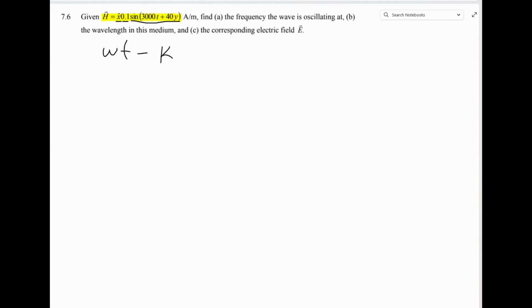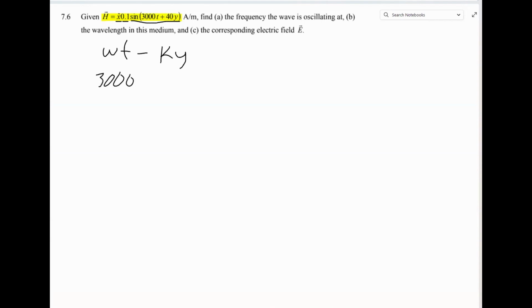So this is written in the omega t minus k y format, where omega is our angular frequency, t is our time, k is our wave number, and y is the position.